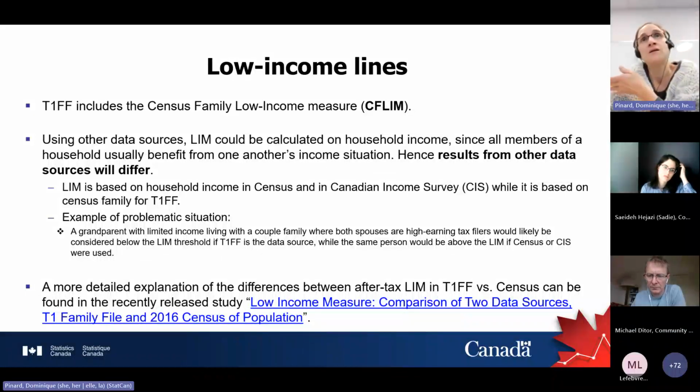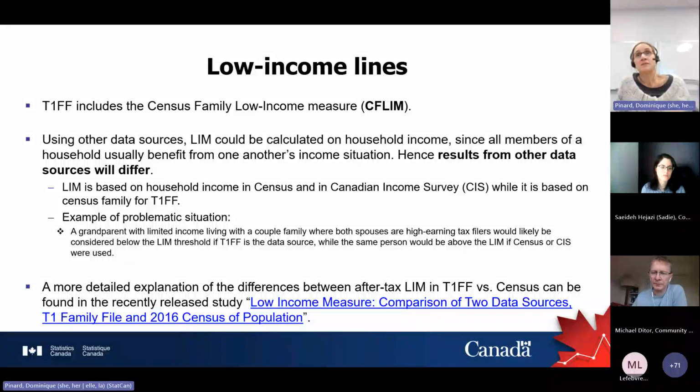The couple would probably not be in low income because they have high earnings. If you looked at these three people in the census, none of them would likely be in low income. This is the impact of using census family rather than household.